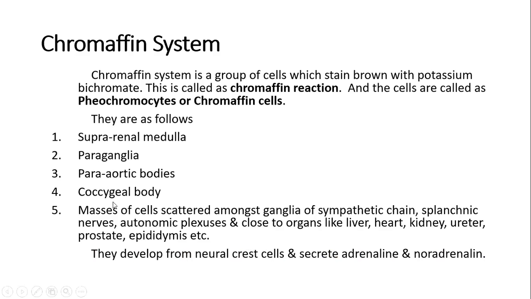So all these cells which we have seen, the adrenal medulla, the paraganglia, the para-aortic bodies, or the coccygeal bodies, all develop from the neural crest cells, and they secrete adrenaline as well as noradrenaline. Just like the preganglionic cells, they will be secreting adrenaline as well as noradrenaline.